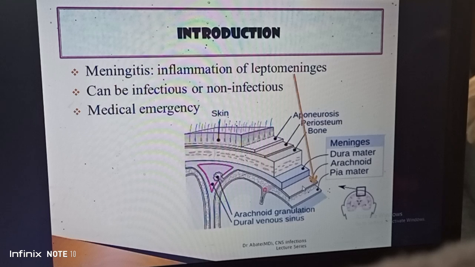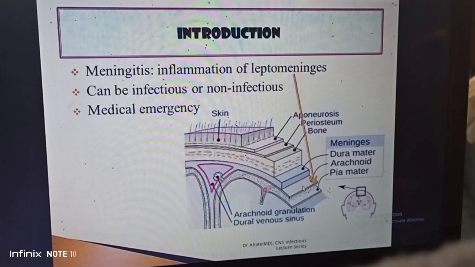Meningitis can have infectious or non-infectious causes. We have a lot of infectious causes that may result in meningitis, like bacterial and viral infections, tuberculosis, and parasitic infections.